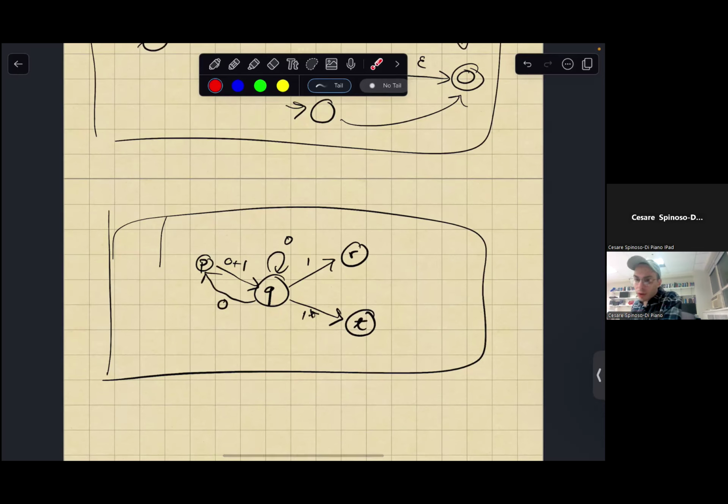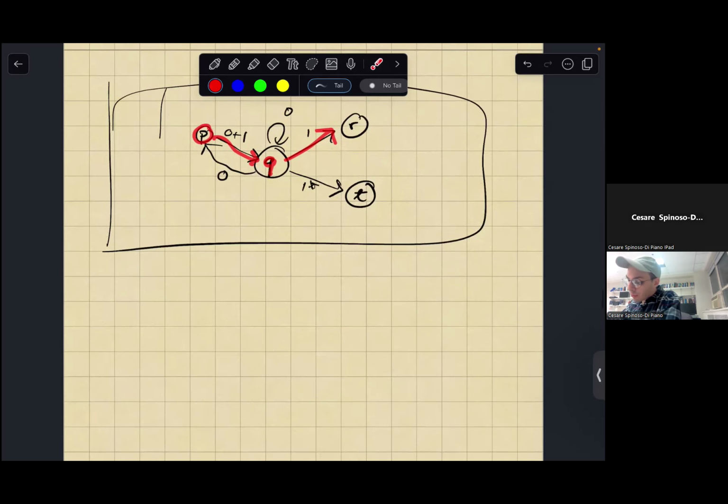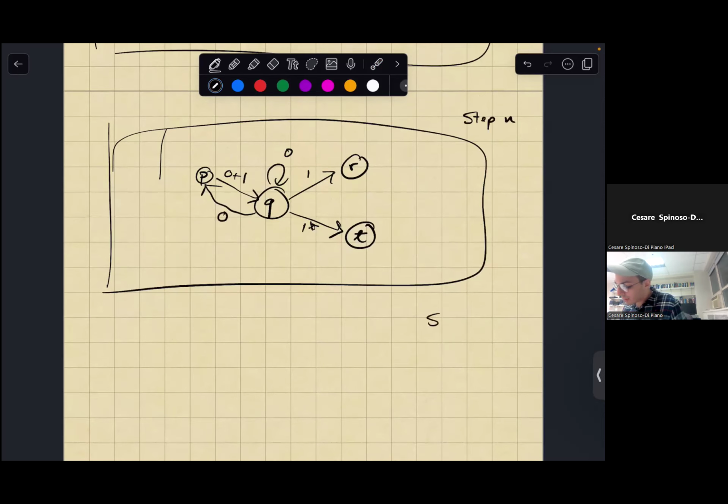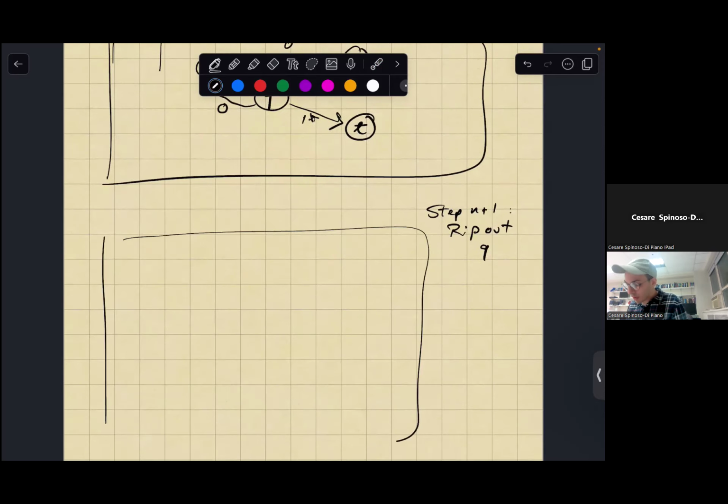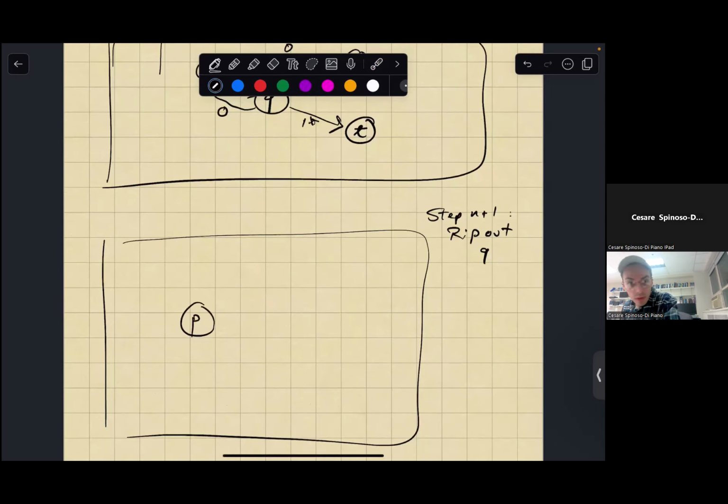And again, you kind of want to use the state reduction algorithm, but now if you rip out this thing, you have to consider all the possible ways that Q allows you to transition between pairs of states. So for instance, from P, I can use Q to go to R. So that means that when I rip out Q, at step N plus 1, what I need to do is put this here.